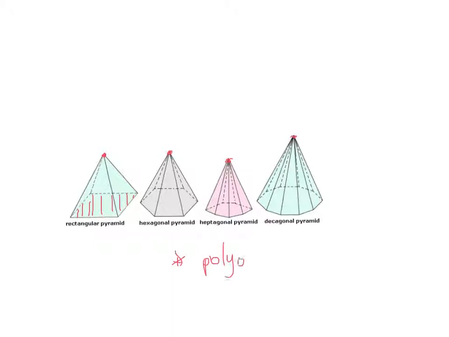Polygon base and triangle sides. So that's a pyramid. All right. So now that you've seen them back to back, hopefully you see the difference between a prism and a pyramid. Let's keep going.